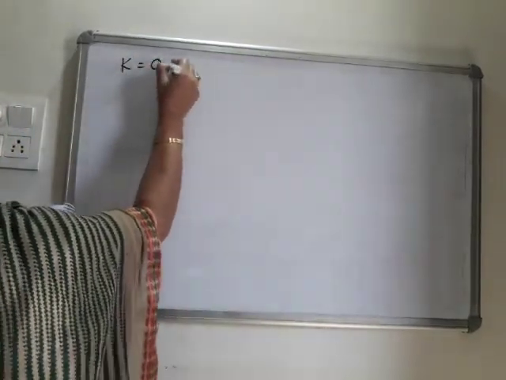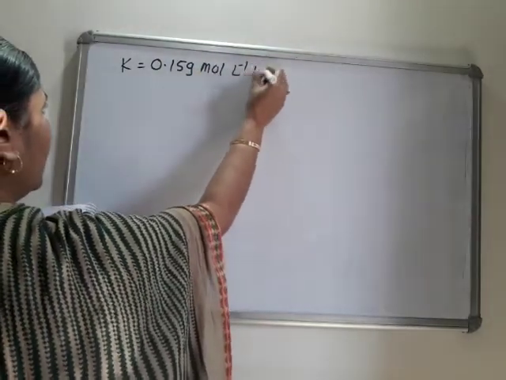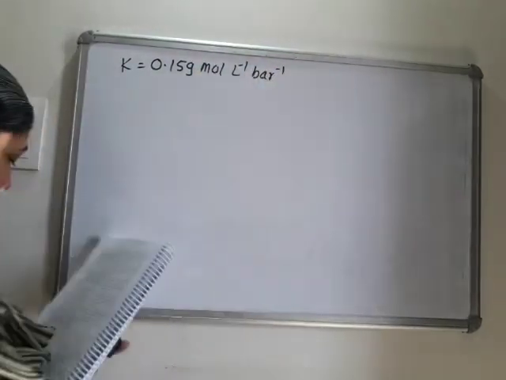Henry's law constant of methyl bromide means the K value is given. What is it? 0.159 mole per liter per bar.